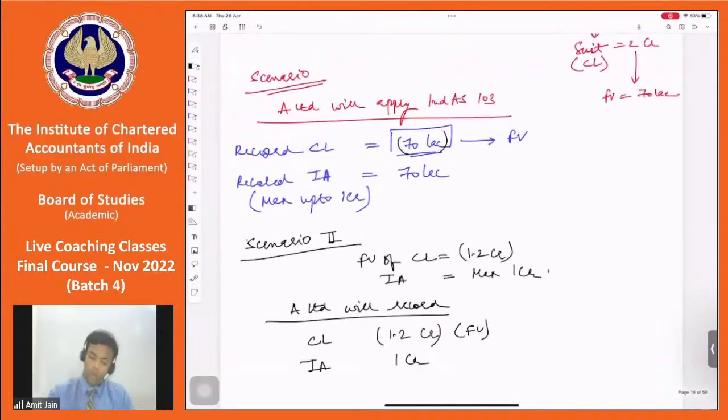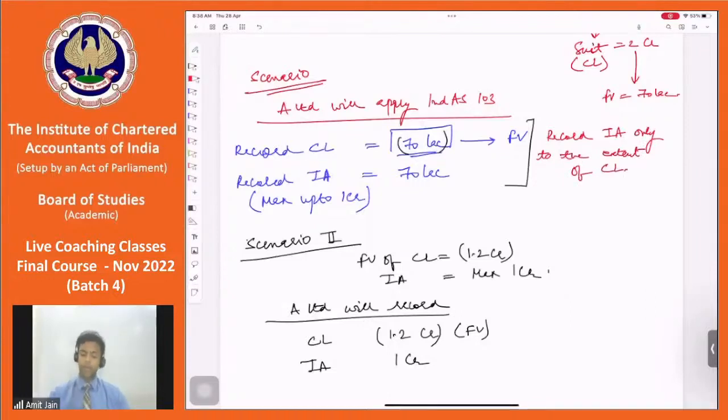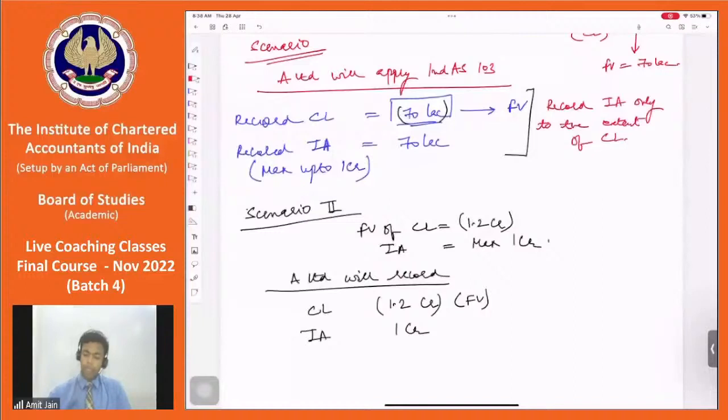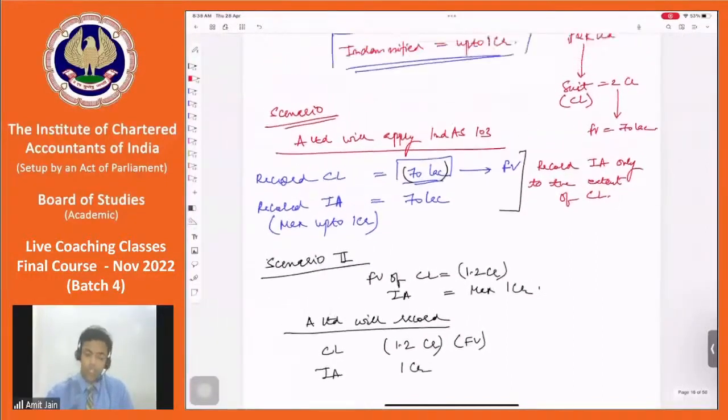I will record the indemnification asset only to the extent of contingent liability. Or we can say the indemnification asset will be the lower of the contingent liability or the indemnified amount. Correct, guys? This is how this needs to be recorded.